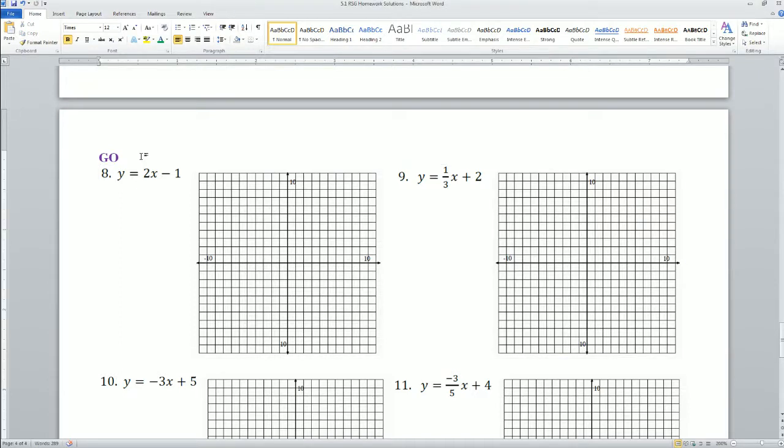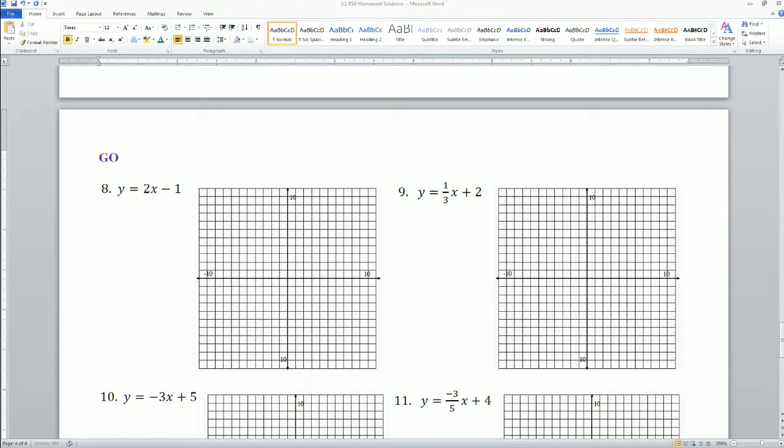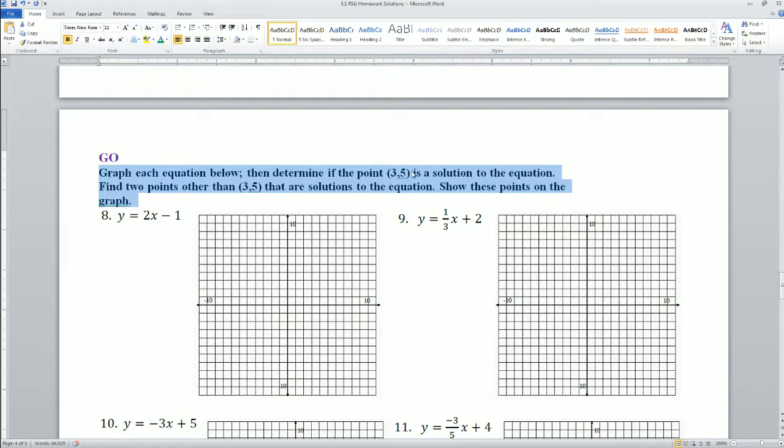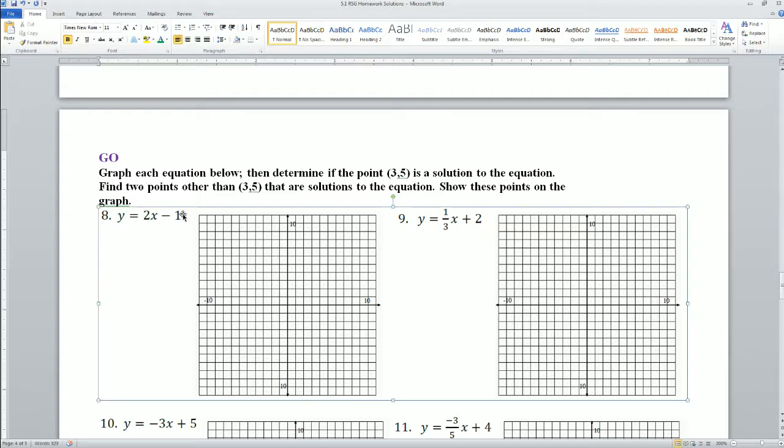They asked us to determine if (3, 5) is a solution to the equation, or find 2 other points rather than (3, 5) that are also solutions to this equation. Easy, put it into decimals, you could check it. But let me show you mechanically. Let's just get the graph first.